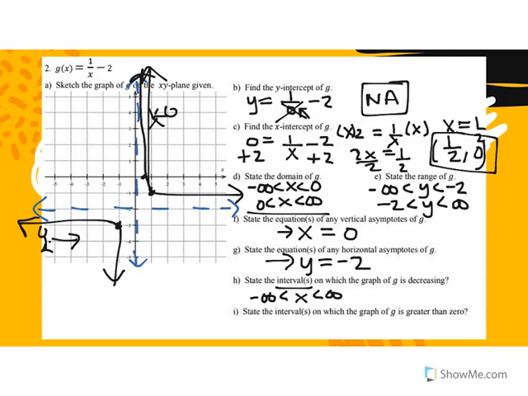Oh, not infinity, sorry, just 0. And then comma, just so we could separate it. You guys can see that there's two values that we have to write, and we go off to infinity. Now, greater than 0. Again, it's above the x-axis here. So whenever it's positive, we're looking to see when it's above the x-axis. Well, we happen to know what our x-intercept is, and our x-intercept is that 1/2 value.